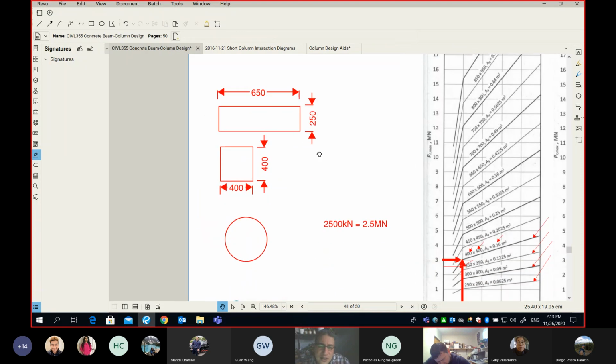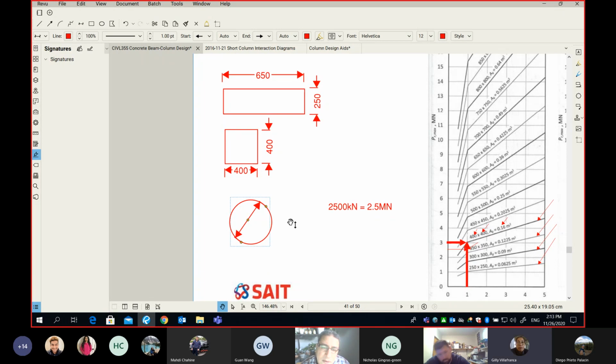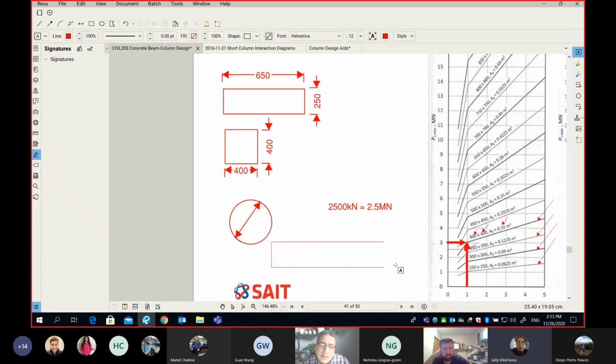Now, finally, what if my column is circular? What do I know about this circle here? All I know is the area is equal to 0.16. Is anybody good at math to tell me what is the diameter of your column? 0.16 divided by pi. Let me write it for you.